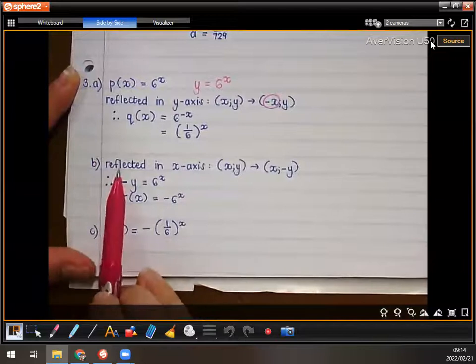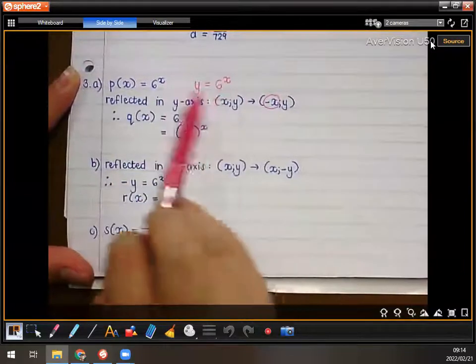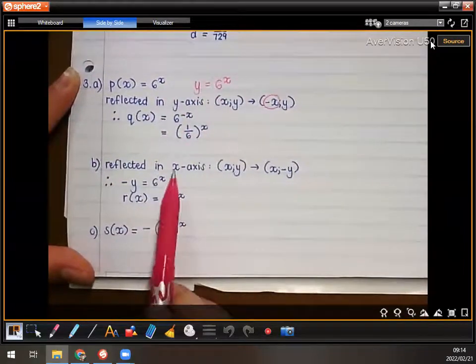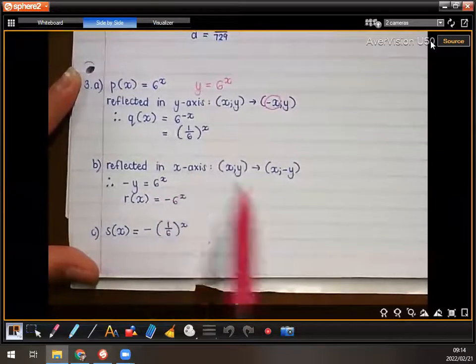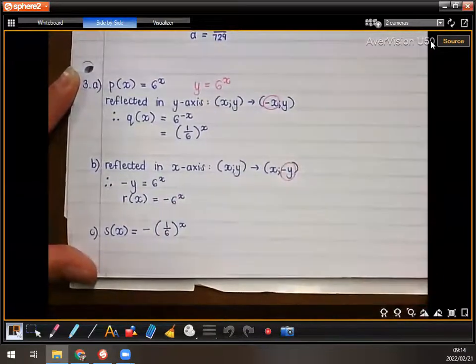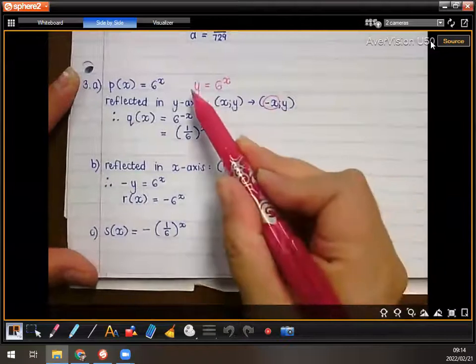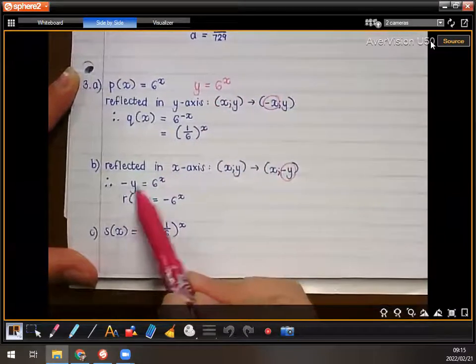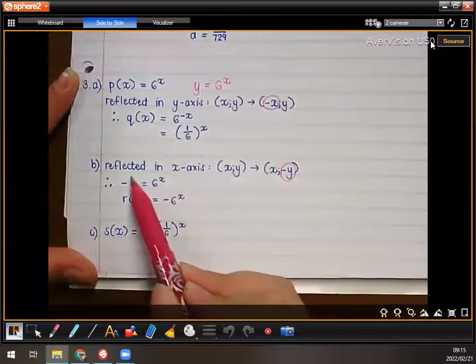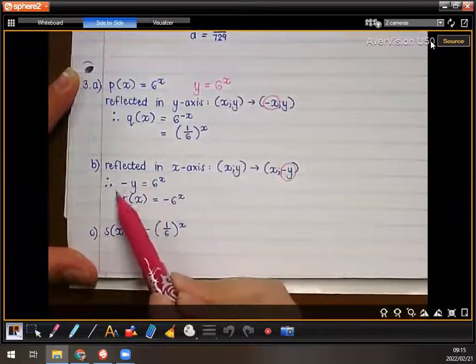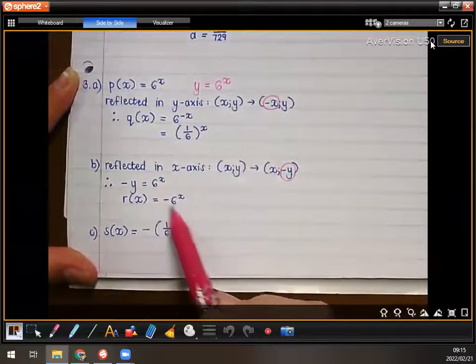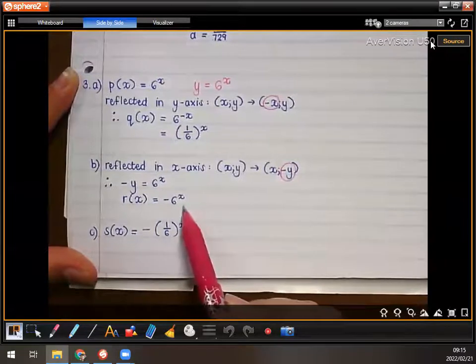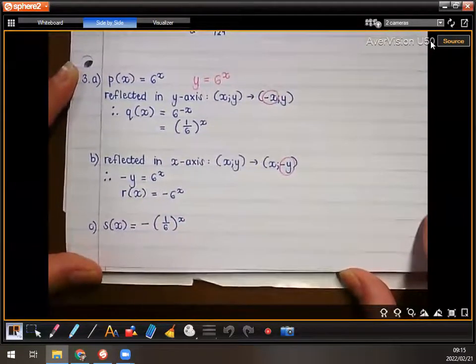All right, for B, they ask you now to take this equation again, y equals 6 to the x, and reflect it on the x-axis. And when you reflect on the x-axis, the sign of y changes. So y equals 6 to the x becomes negative y equals 6 to the x. Again, you can't leave it like this. This minus, you must move to the other side. All right, so y equals 6 to the x becomes y equals negative 6 to the x.